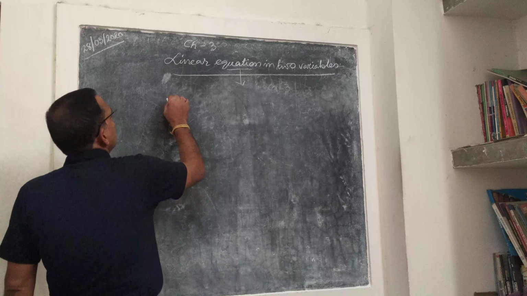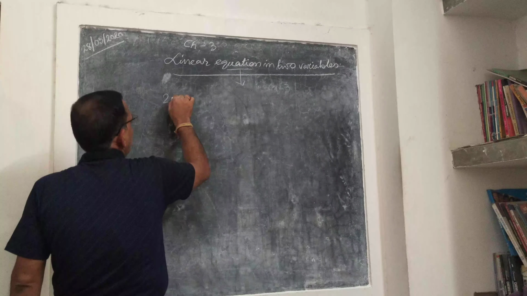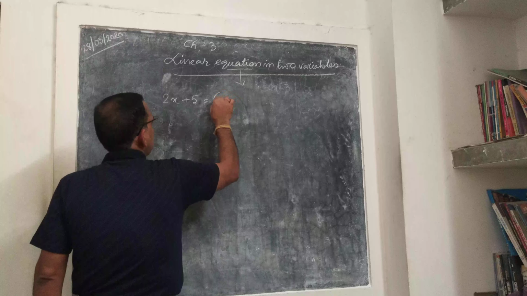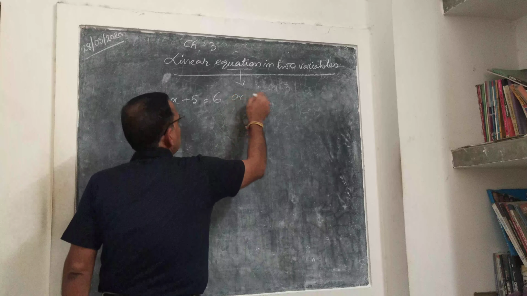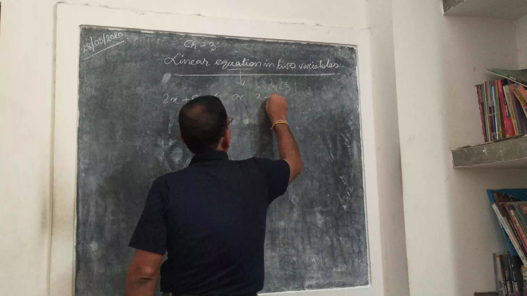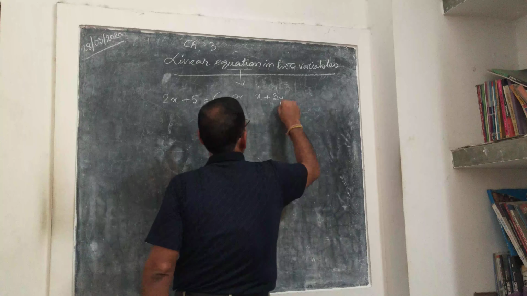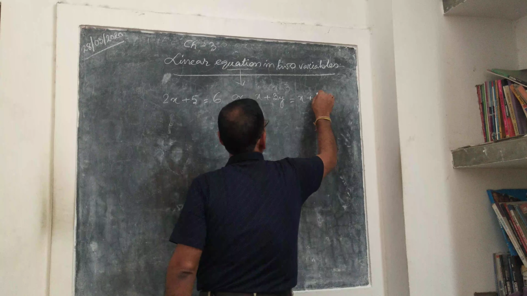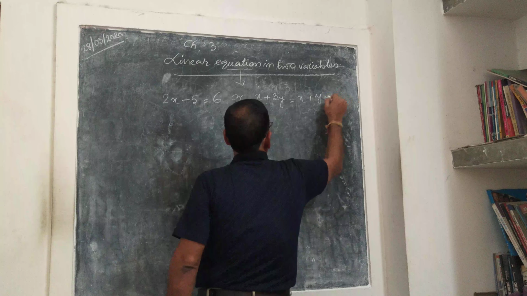Suppose 2x + 5 = 6, or x + 3y = x + y + 6.